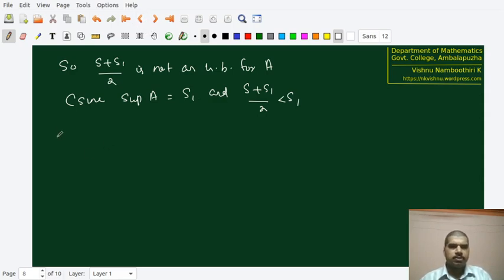So there exists an element a in A such that (S plus S1)/2 is less than a. But a in A implies a in B also.